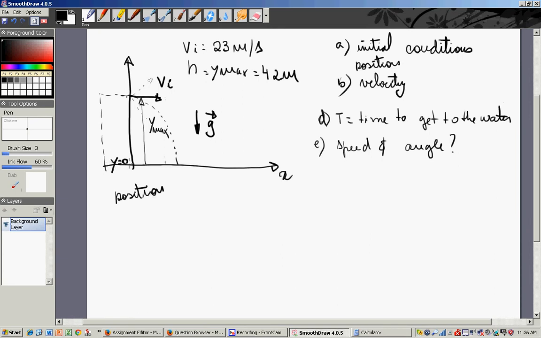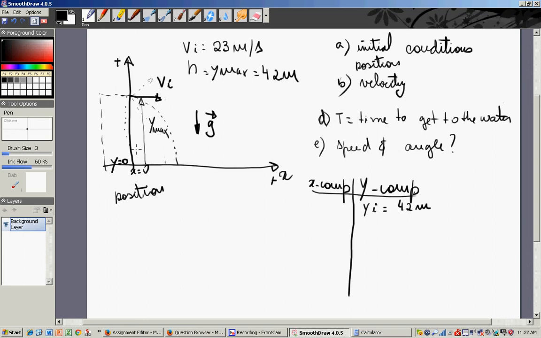Well, the initial conditions as far as position is concerned, it's almost positron, which is the name of a particle. Position, as far as position is concerned, well, if my base is y equals 0, this is y equals 0 and y grows in that direction, this is positive, and x0 is right here. So the initial position has two components. I have x and y, right?